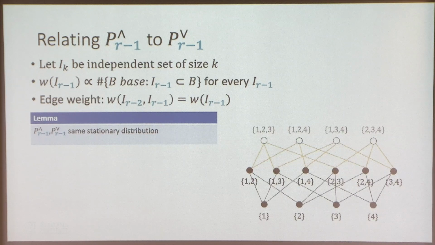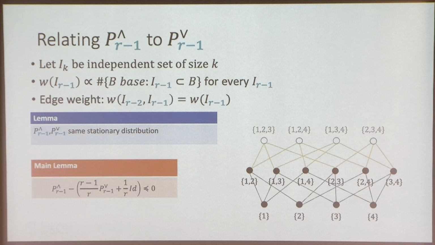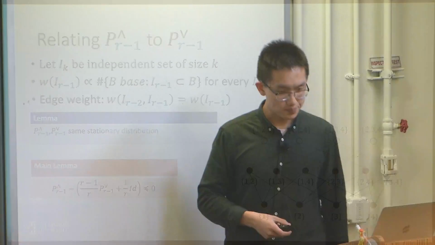So this makes all the weights consistent, and this ensures that it induces the same stationary distribution on all independent sets. So the main thing we have to do is prove a relation between them, and this is the relation for matroids that we will prove.